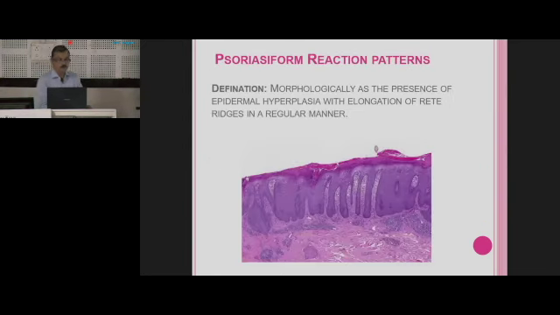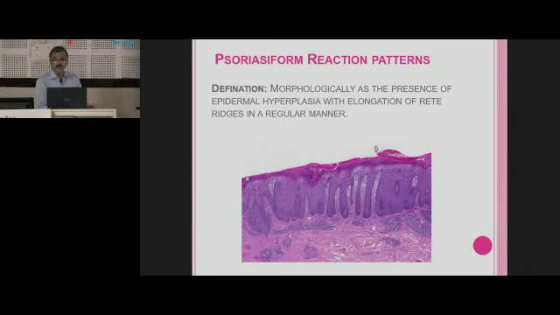The psoriasiform reaction patterns. As Bhatt Madam has said, morphologically there is epidermal hyperplasia with elongation of rete ridges. Whenever we come across such findings in a skin biopsy, we label it as a psoriasiform lesion.